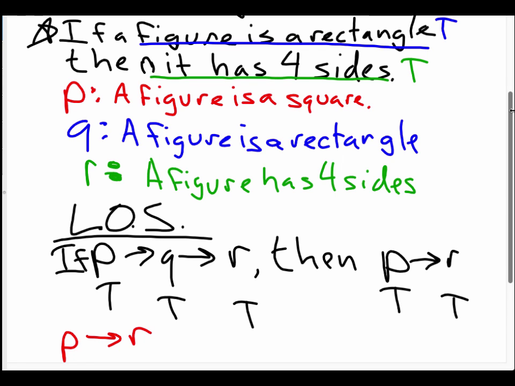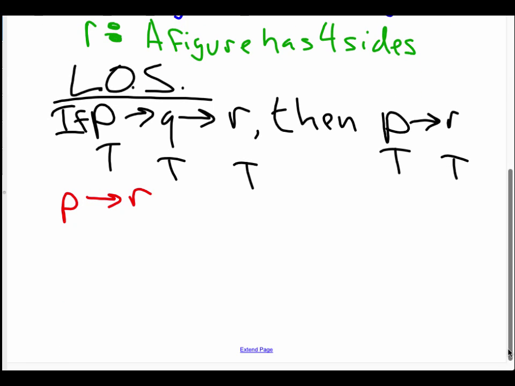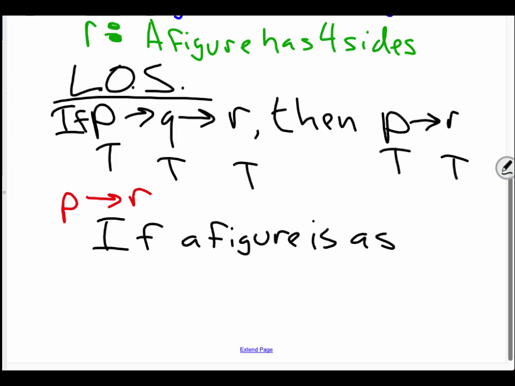Q is a figure is a rectangle. R is a figure has 4 sides. How do I write, using the law of syllogism, P implies R? If, what was P? If a figure is a square. Very good. Then it has 4 sides.